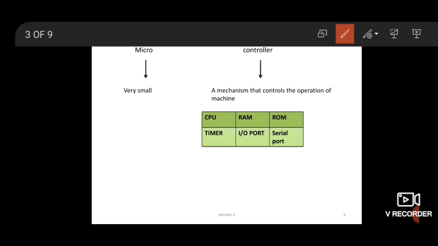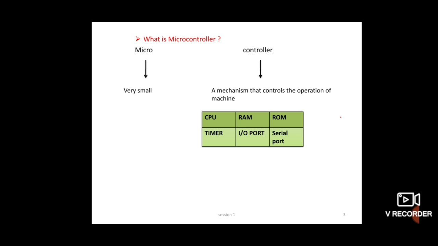Let us see the example of a washing machine. In a washing machine, first set the program, like 30 minutes or 40 minutes, depending on your clothes. It is already a predefined task. Then start the machine.